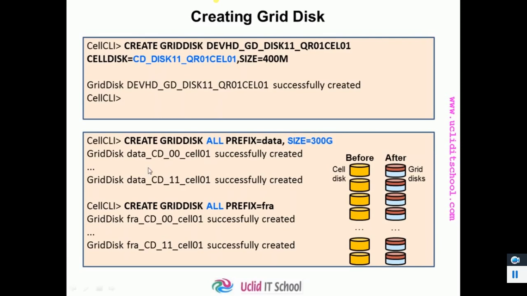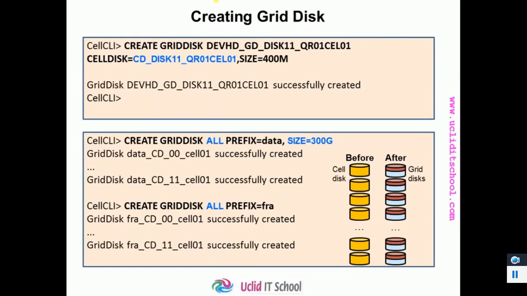And the example below shows you some more commands, different ways of using these commands. Create griddisk all prefix data. That means we are going to create a grid disk on all the cell disks, and the grid disk name will start with data. It will automatically use data as the prefix for every grid disk created, and each grid disk size is 300 GB.